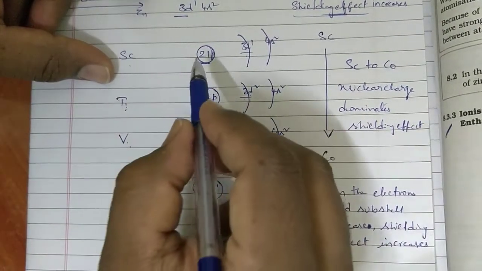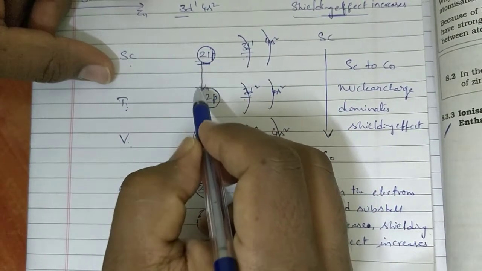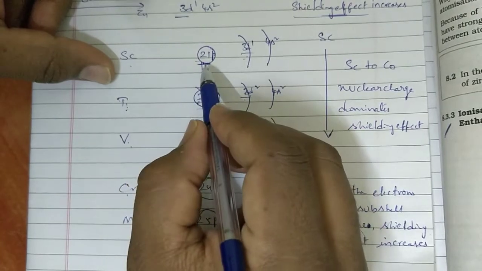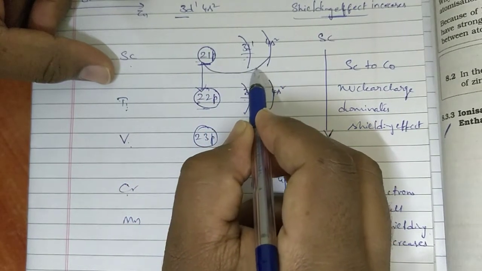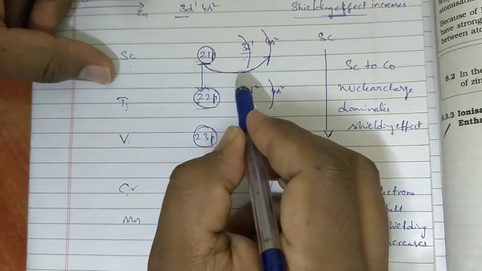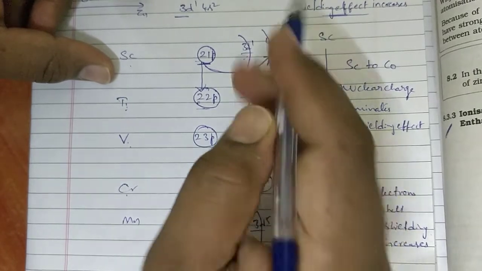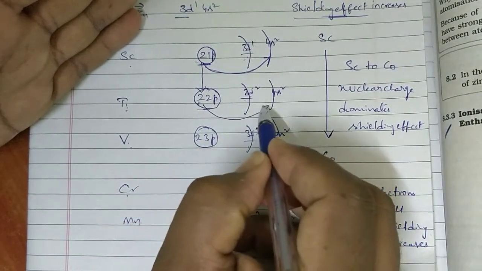That means when compared to shielding effect, nuclear charge increases more. Because of that, this nuclear charge will hold the outermost electrons strongly. When it holds the outermost electrons strongly, that means from scandium to titanium.